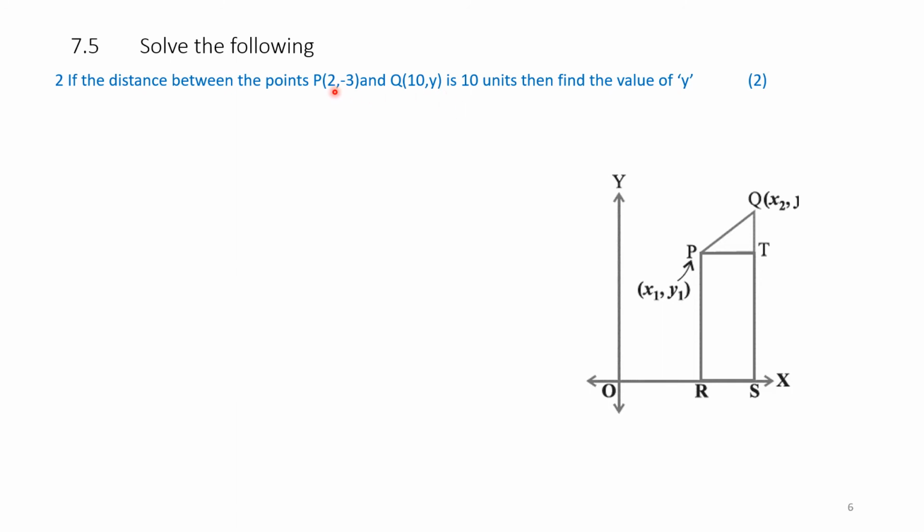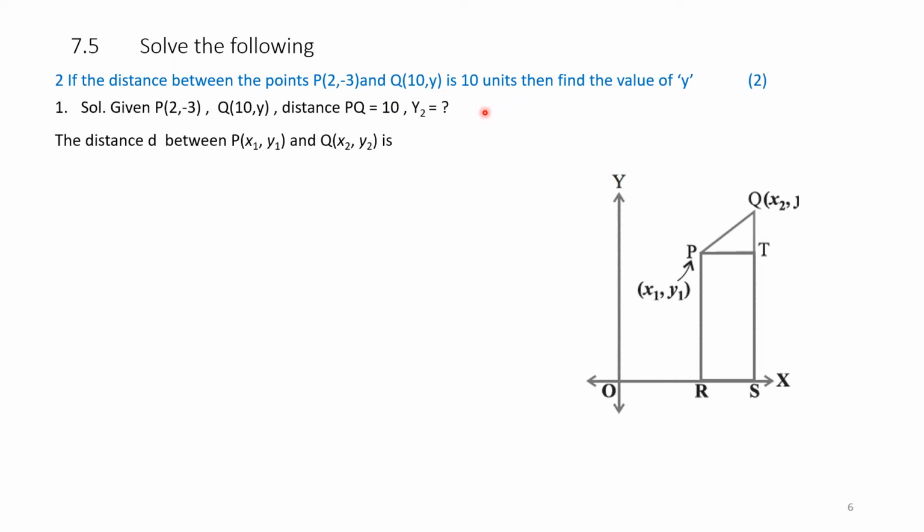All other values are given: x1 is 2, y1 is minus 3, x2 is 10 and y2 is y, and the total distance PQ is 10. Let us substitute. Given P is equal to (2, minus 3), Q is (10, y), and distance PQ is equal to 10, and we have to find the value of y2.